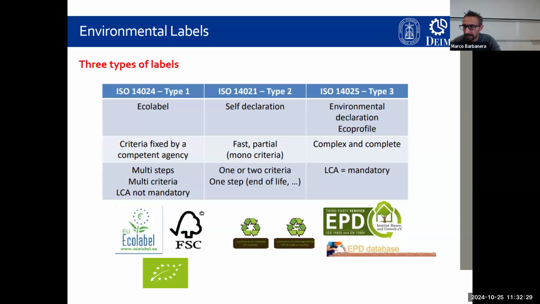Here you can see a brief summary of the main features of the 3 labels. First of all, the type 1 label is obtained after a validation by a third-party entity. Instead, the type 2 label is only a self-declaration.